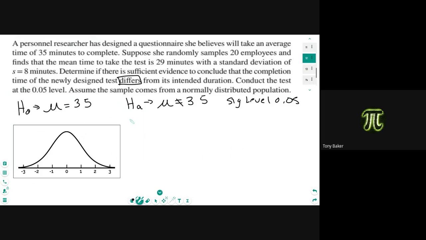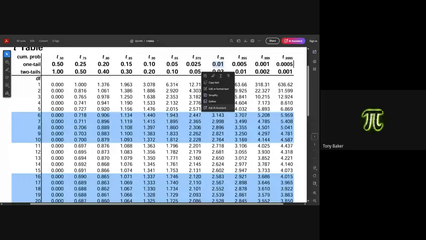So my N is 20, so my degrees of freedom is what? 19. So we're looking at our T table, and we're using the T this time. So 0.05 for two-tailed. So there. And we're going to go down to 19. So 2.093.